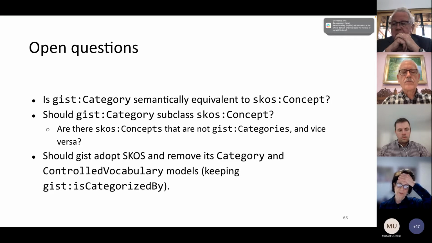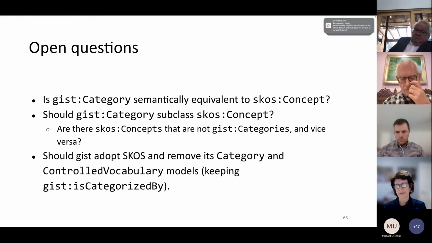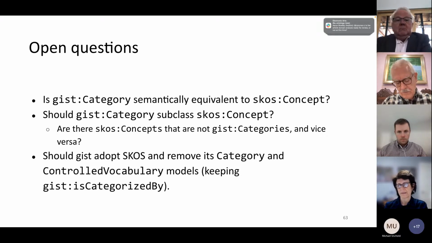A topic is much more complex. Anything can be a topic, from an abstract SKOS concept to an individual to a historical period to anything. So the modeling of topic is a totally different question. SKOS concepts are not designed to specifically be topics, although they can be used as topics.